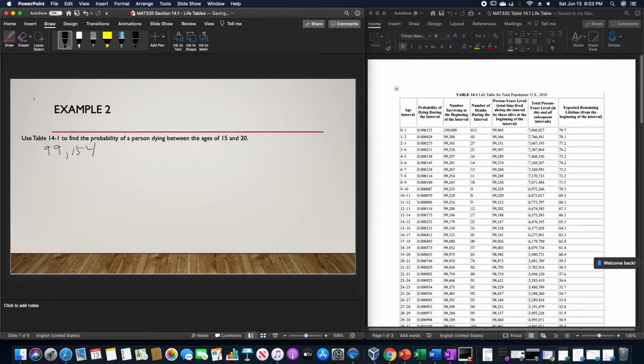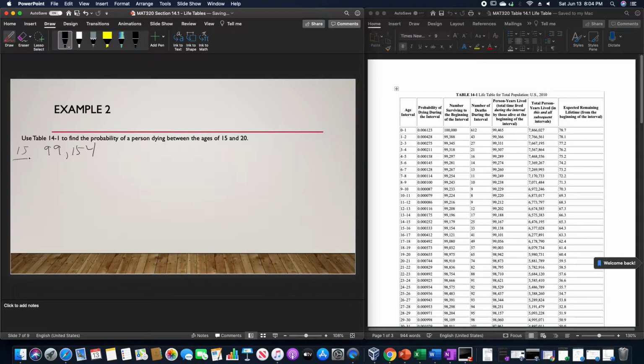And for the 20th birthday, we could see that the number surviving was 98,910.